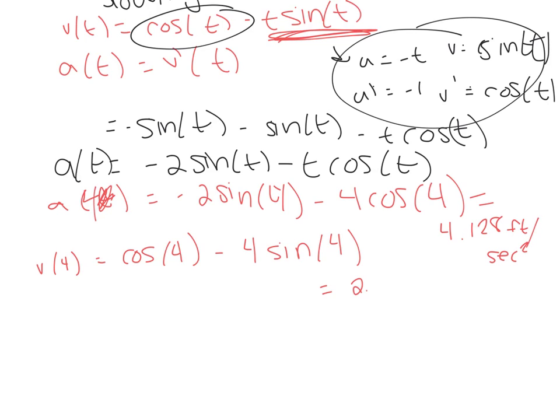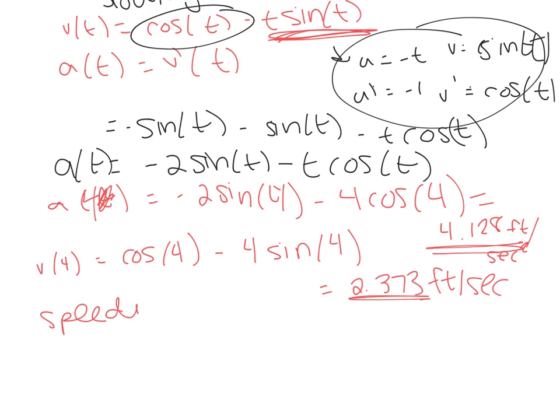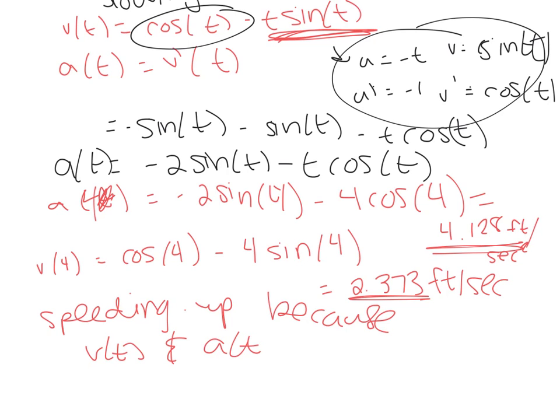So that would equal 2.373 feet per second. So then to answer the question, this is my acceleration, this is my velocity, they have the same sign, so our particle is speeding up, because v of t and a of t have the same sign.